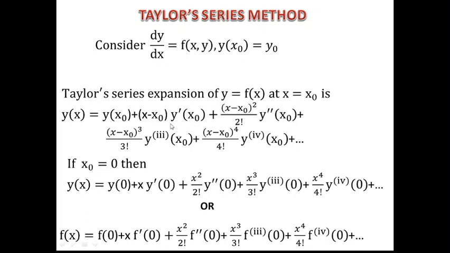If we are able to find the successive derivatives easily, then the Taylor series method is considered one of the powerful single step methods. But if f of x, y involves some complicated algebraic structures, then the calculation of higher order derivatives becomes tedious and eventually the method fails.